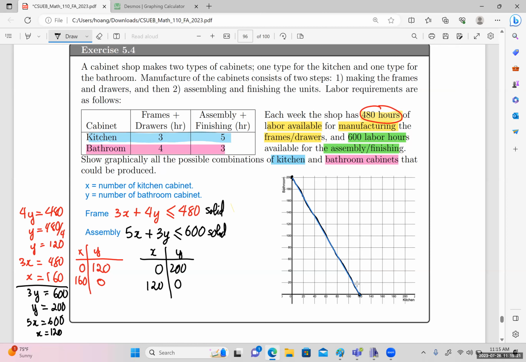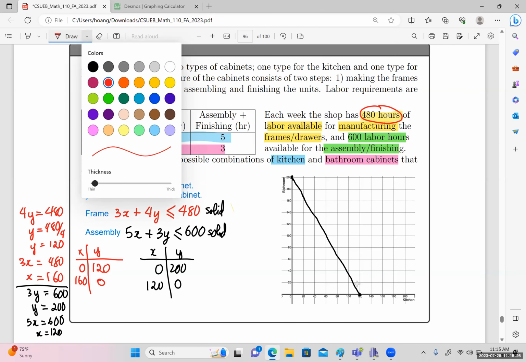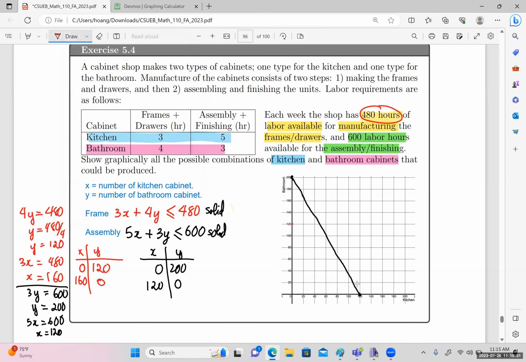All right, that is for the first one. Use the other color to draw the red one. 0, 120, and 160, 0. So draw the line.